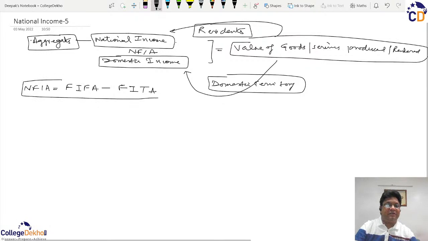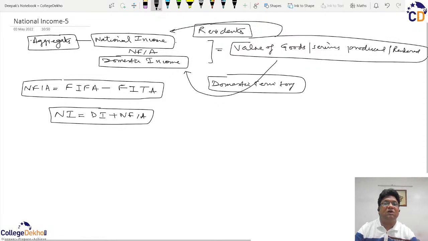And this all has been discussed in detail, where we justified that national income will be equal to domestic income plus NFIA. This formula does not always imply that national income is more than the domestic income, because this NFIA can be positive, negative, or zero.